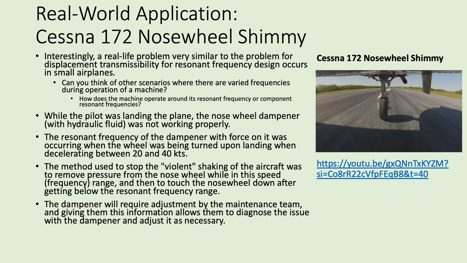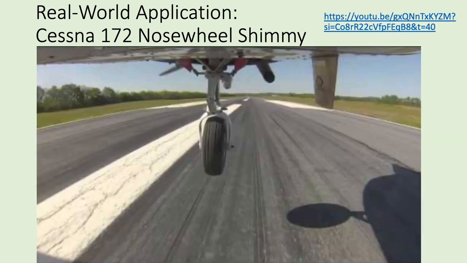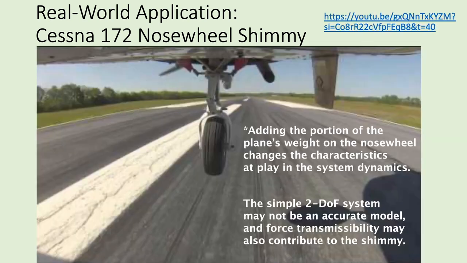However, I thought that this was a very intriguing example of a situation where you have a violent shaking at the 20 to 40 knots range, but it does not shake outside of that. And that may also be due to the weight being put on the aircraft.